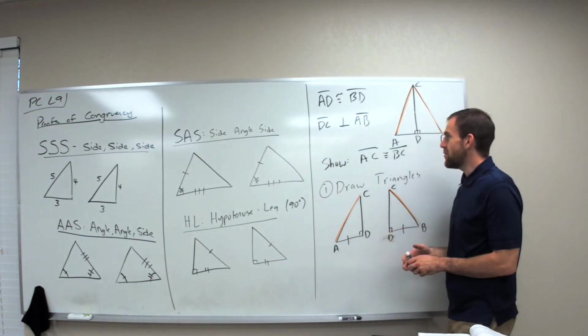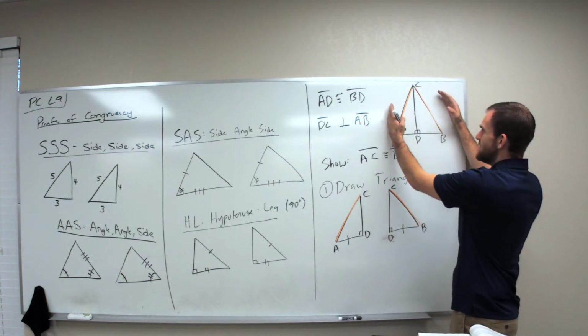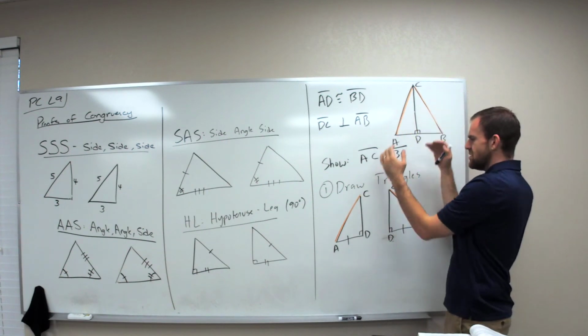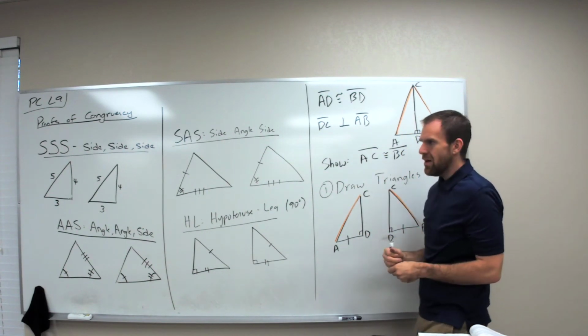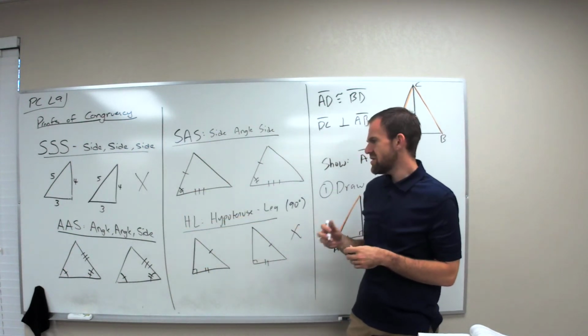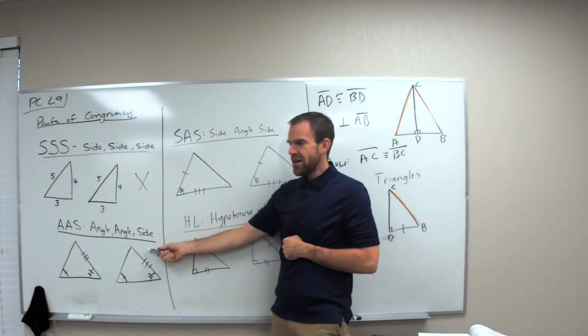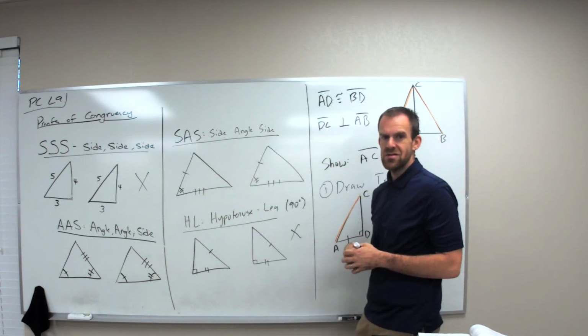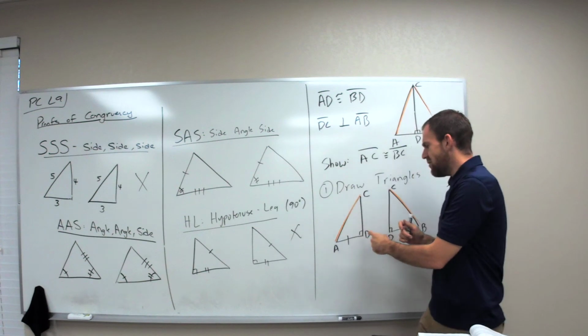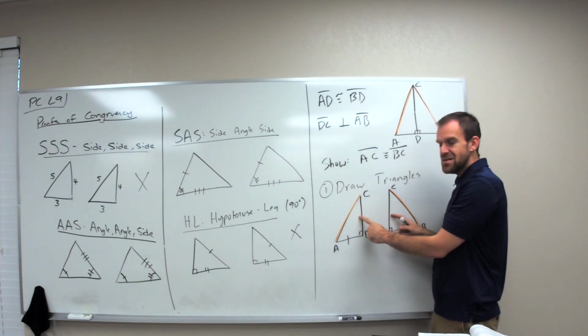So what am I going to look for? I'm going to go back to the original and ask, what else do I know is the same from the original to these two that I've drawn? I already have no chance of using side side side or hypotenuse leg. So I'm either going to use angle angle side or side angle side. Let's look at side angle side. I would need this side to be the same as this side.